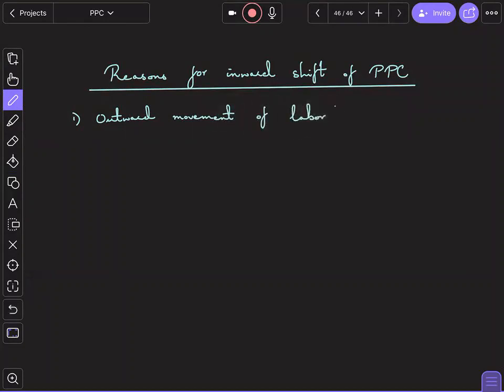So whenever there is outward movement, or whenever productive people are migrating abroad, leaving the country, there is a fall in both the quality and the quantity of labor, which is one of your factors of production, which is one of your resources, which will lead to an inward shift of the PPC or fall in the productive potential.